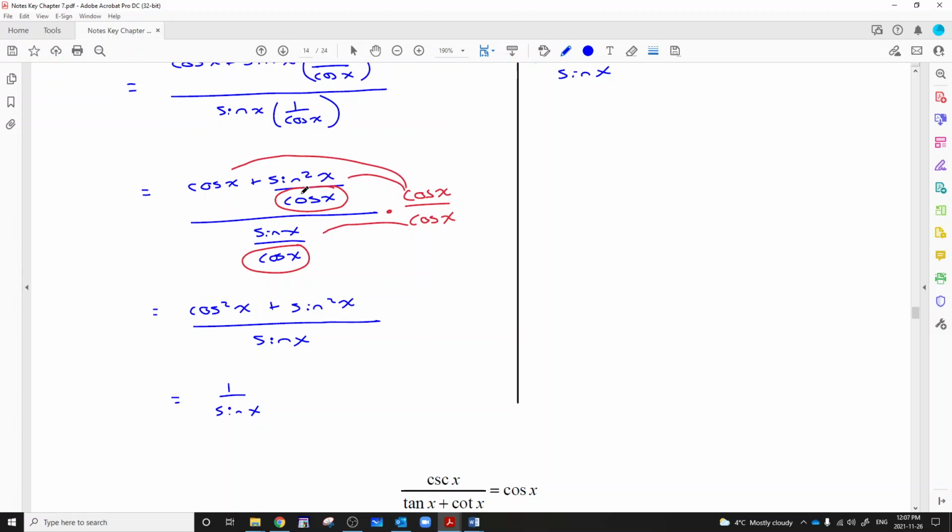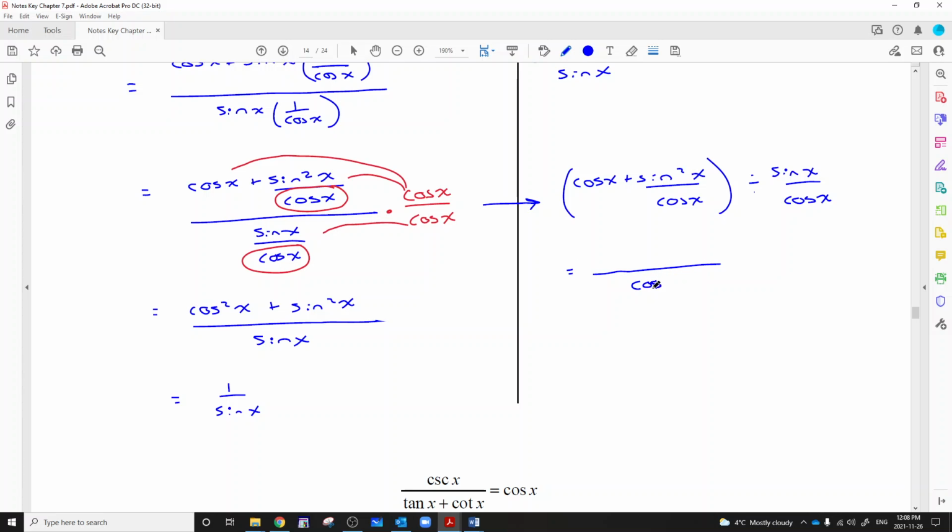If this doesn't make sense to you, the alternative is that you do what I first talked about. You've got cos x plus sine squared x over cos x being divided by sine x over cos x. So you can rewrite it as a numerator being divided by the denominator. Now at this point you could flip and multiply, or I could create a common denominator in my numerator.